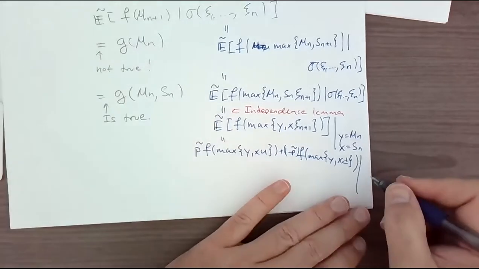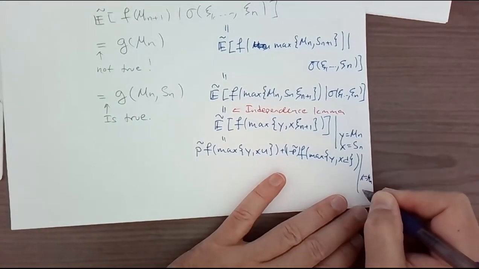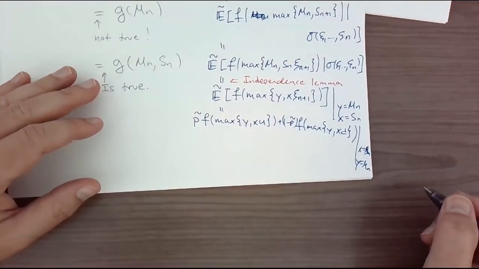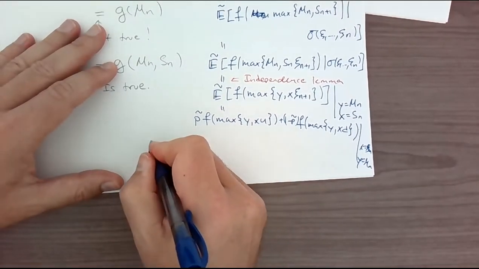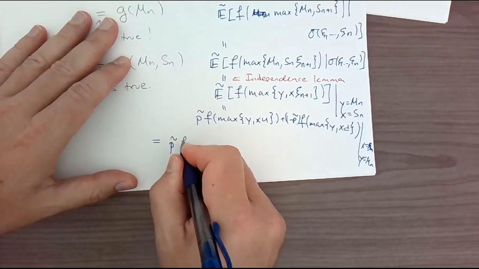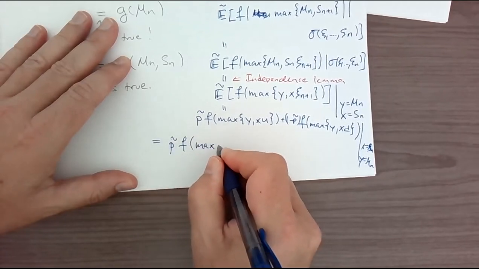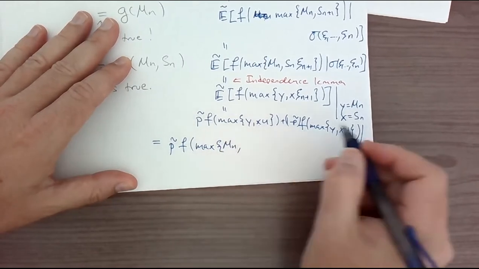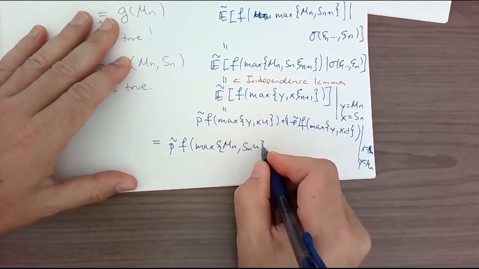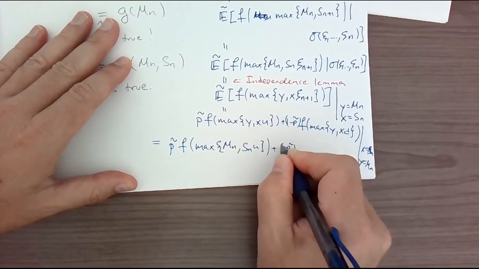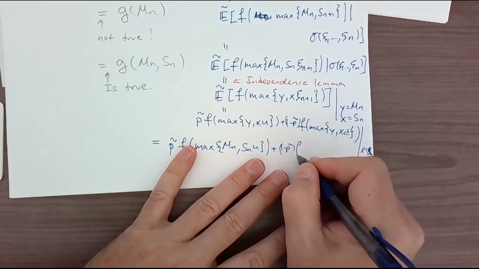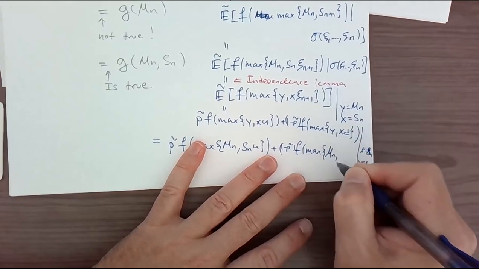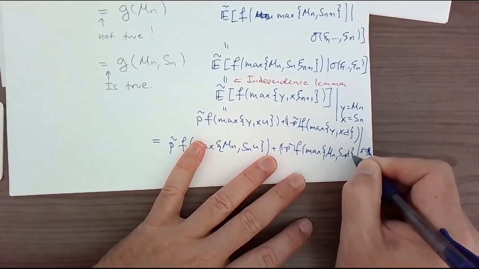And then I plug in that x is Sn and y is Mn. So I have p tilde f of max, y was Mn, x was Sn u, plus 1 minus p tilde, and then the same thing, f of max, y was Mn, x was Sn d.